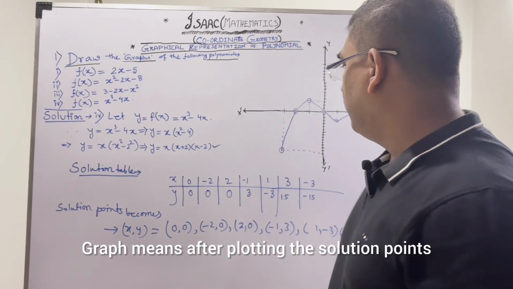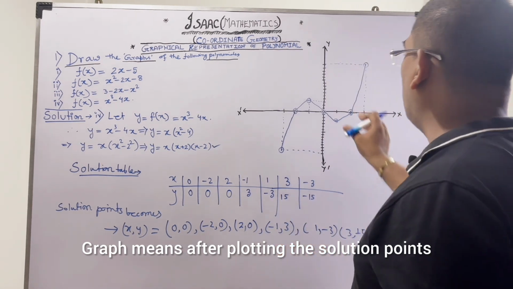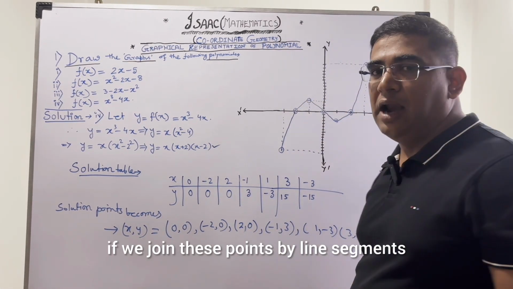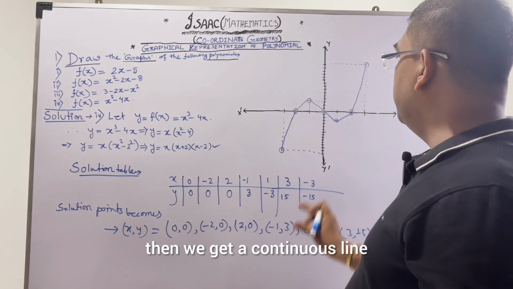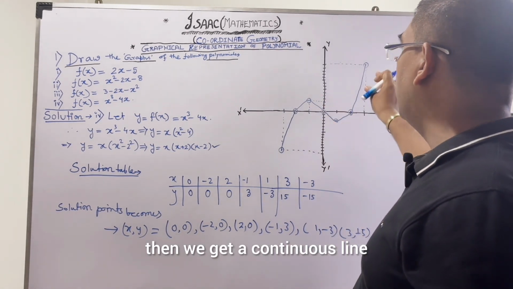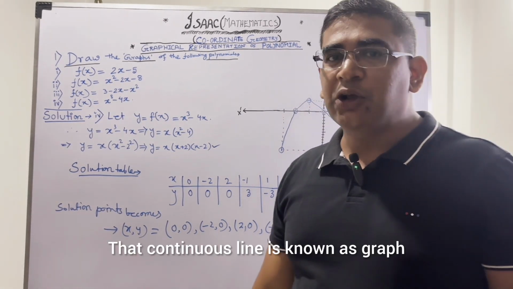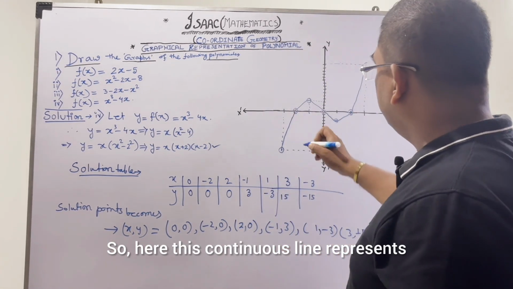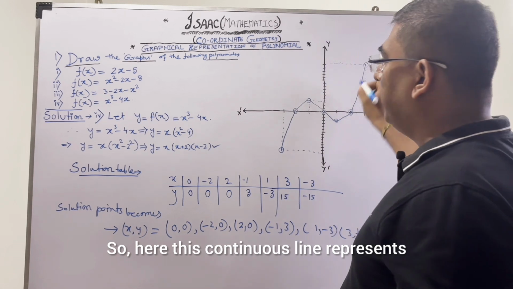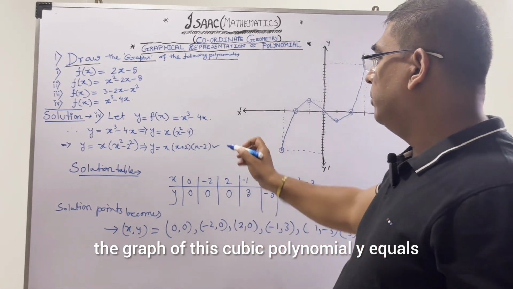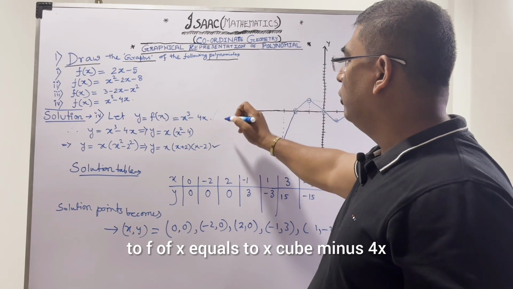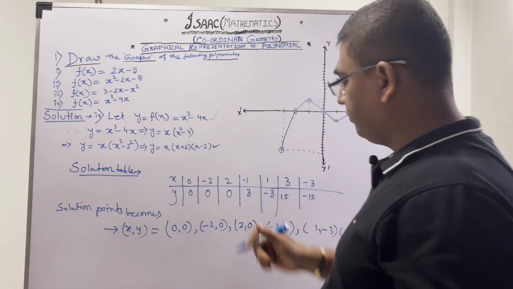Graph means after plotting the solution points on this xy plane, if we join these points by line segments, then we get a continuous line. That continuous line is known as graph. So here this continuous line represents the graph of this cubic polynomial y equals f of x equals x cube minus 4x.